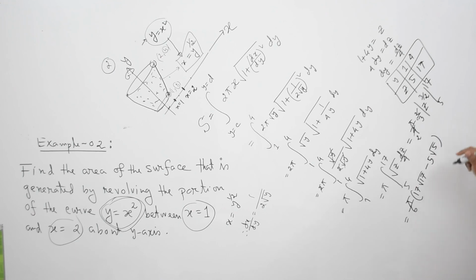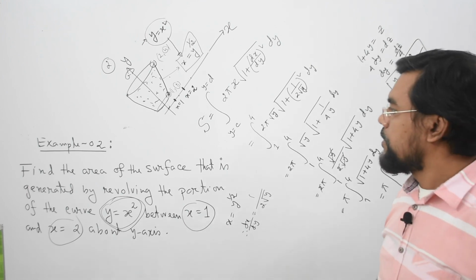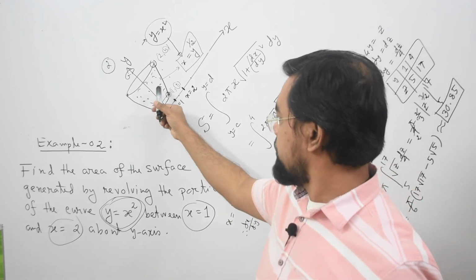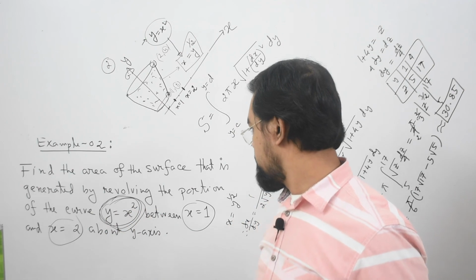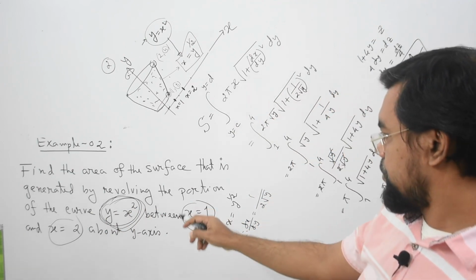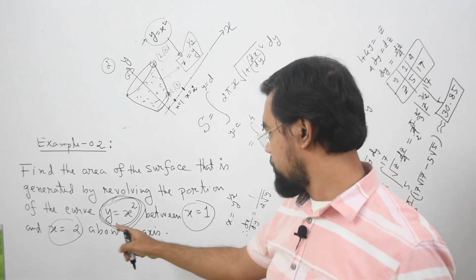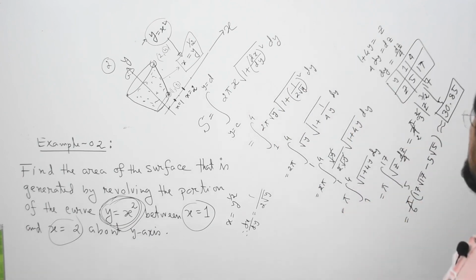This is your answer, or you can approximate it by using your calculator, that will be 30.85. So that 30.85 will be the area of this surface of revolution if you revolve the portion of this curve y equals x squared from x equals 1 to 2 about the y-axis.